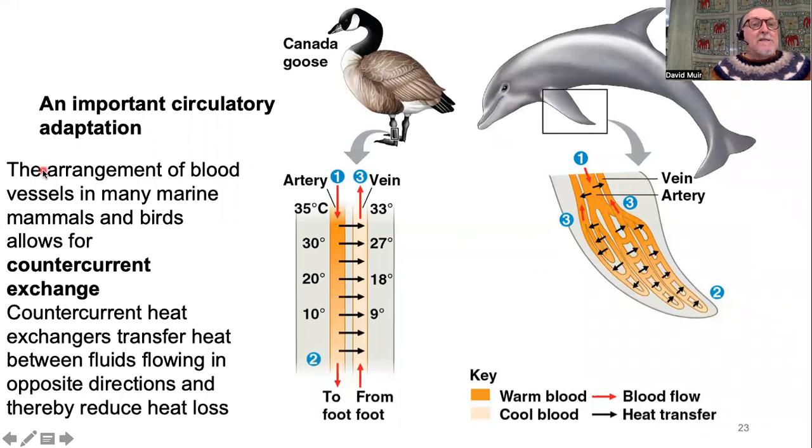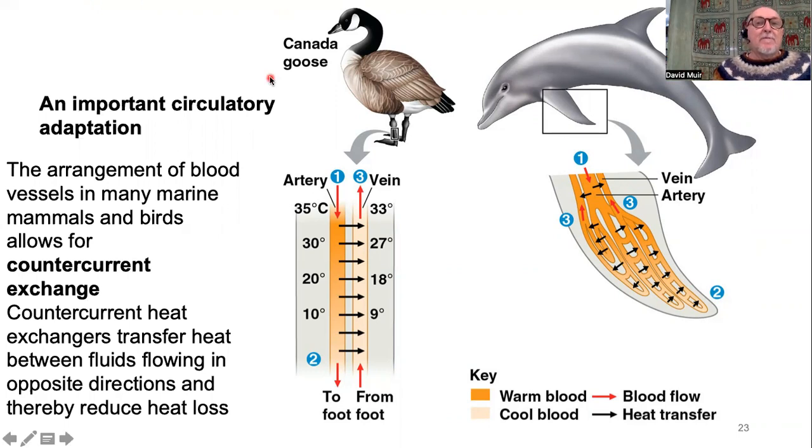Okay, so just let me explain. I said that there was this circulatory mechanism which I thought you should know about, and this is a very, very common system. It's called a countercurrent exchange system. Okay, so now picture this.